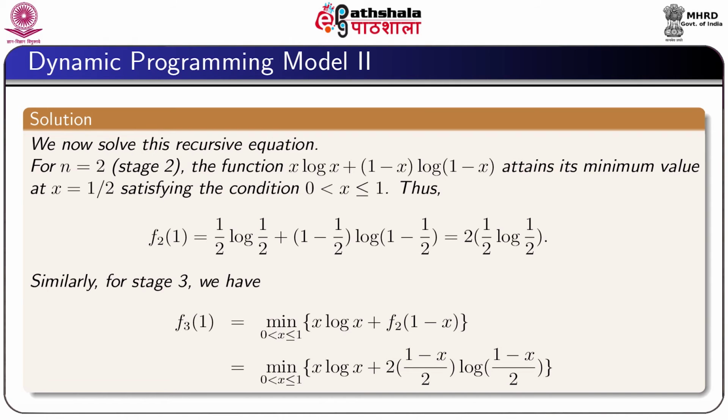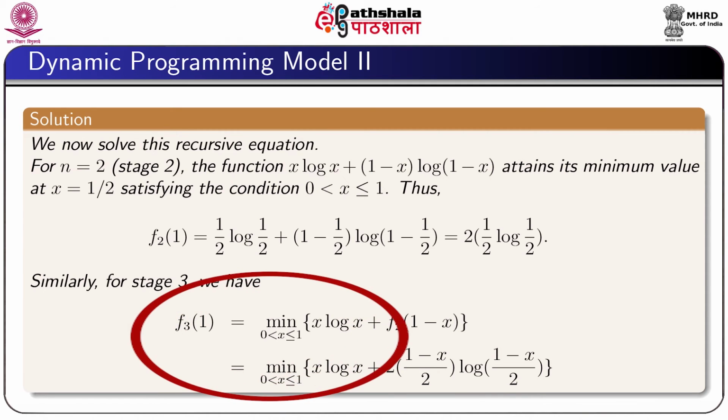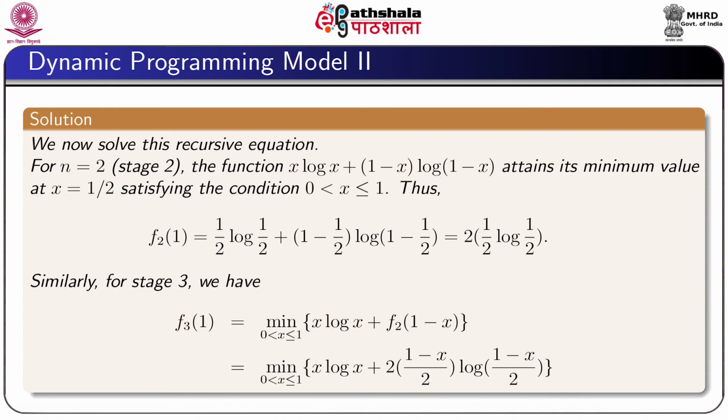Similarly, for stage 3, the minimum value of the recursive equation is obtained as f3(1) equal to a minimum of x log x plus 2 into ((1 minus x) by 2) log ((1 minus x) by 2), where 0 less than x less than or equal to 1.